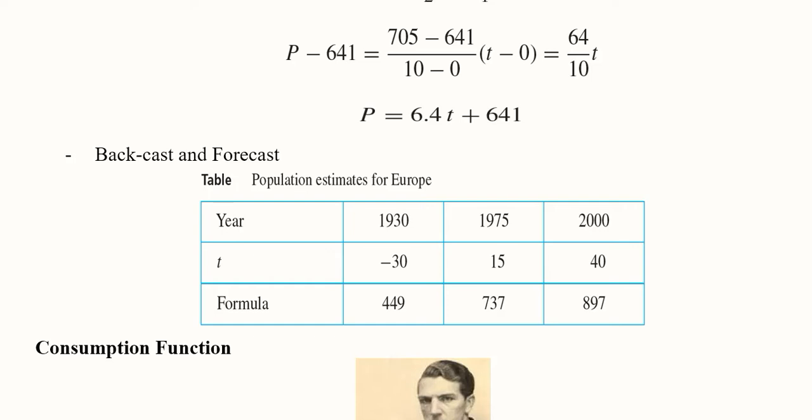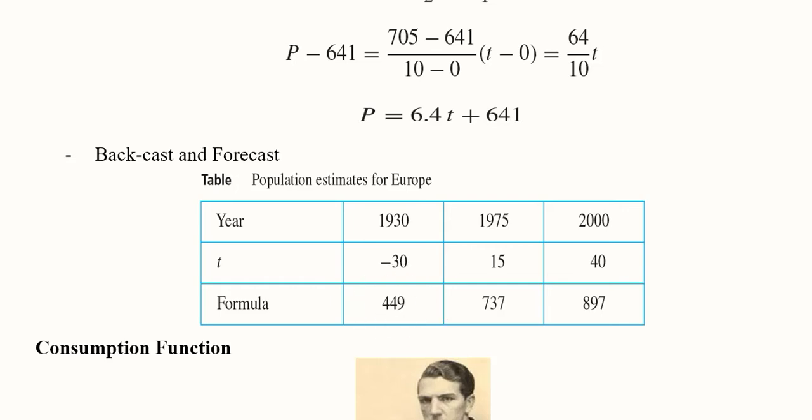Now let's try some future time, that is 1975, which is 15 years ahead of 1960. If I put 15 here, I will get this answer of population. This is the forecast, whereas the previous one was a backcast.